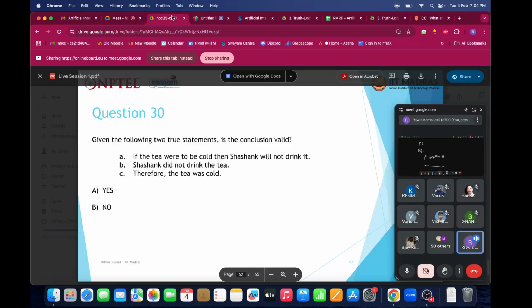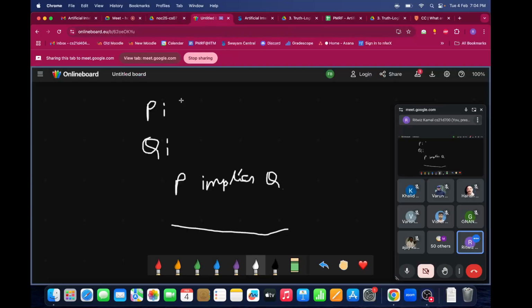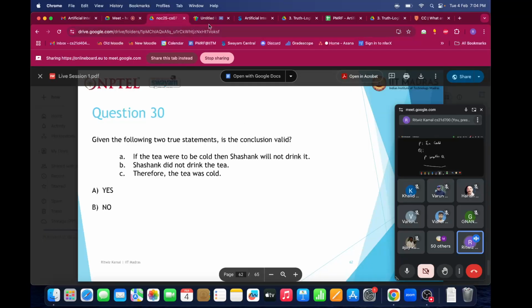Okay, so here statement P is that tea is cold. And Q is that Shashank will not drink it.